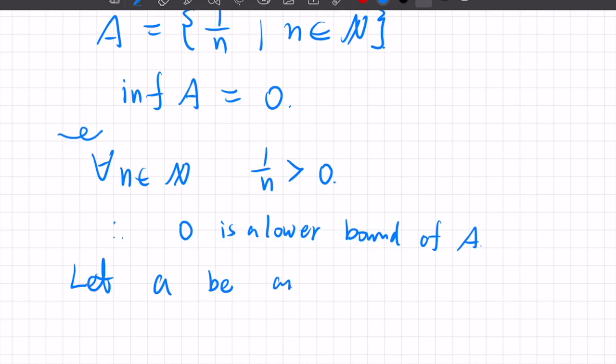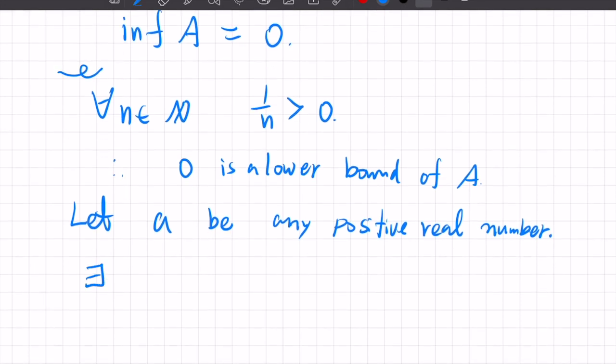Okay, and let a be any positive real number. By the previous corollary, we know that there exists a natural number n such that a is greater than 1 over n. We can choose such a natural number.